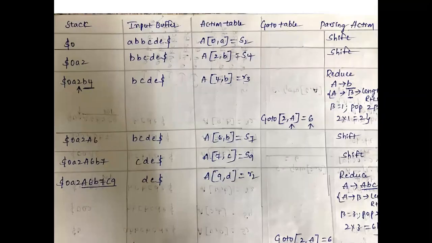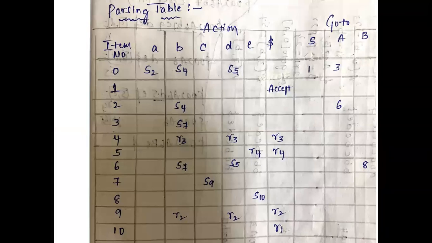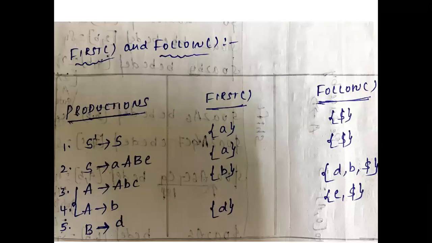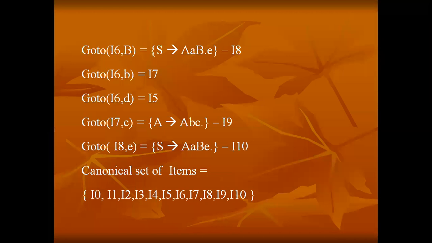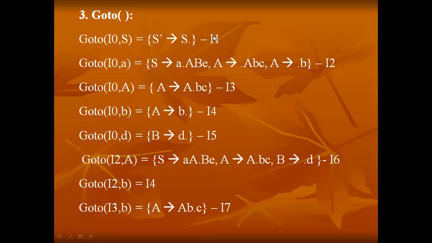Now check whether there is any more goto from I naught. I naught with S is completed and I naught with A is completed. No more. Now check the others. Here we have I2 with A, which is 6.